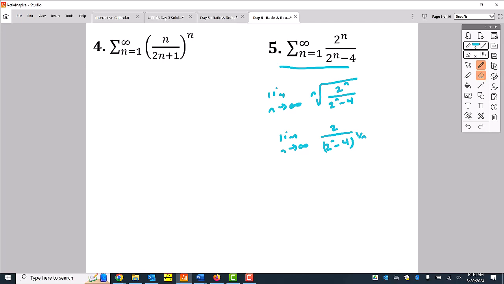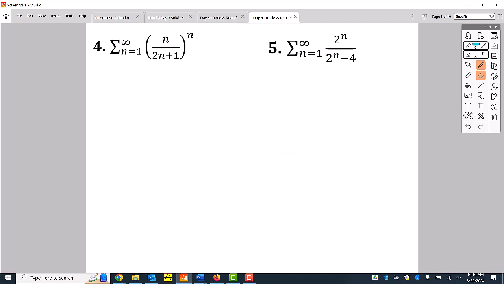So you'd have to go through a full L'Hopital's rule, because you get infinity to the 0, which is one of our indeterminate forms. So you'd have to move it up to the top, put a natural log to bring down the power, to get a L'Hopital's rule, to do the division. It's just a long process. If we had thought about this for a little bit longer, we could see, oh, this is just an nth term test.